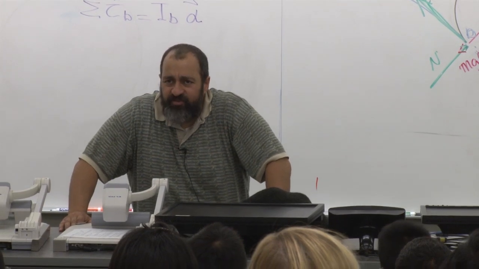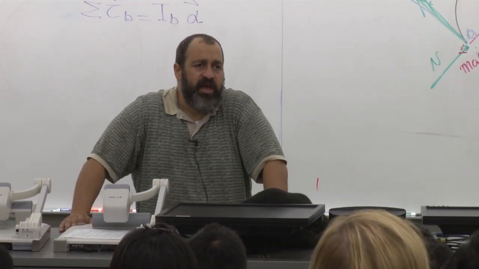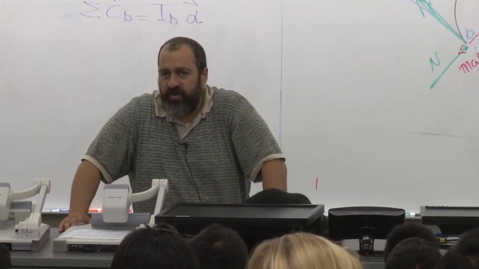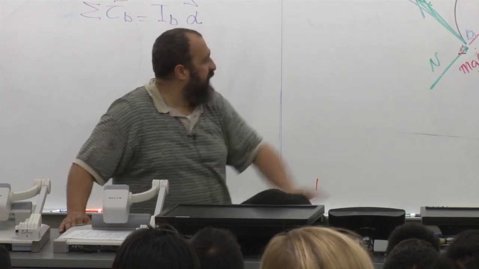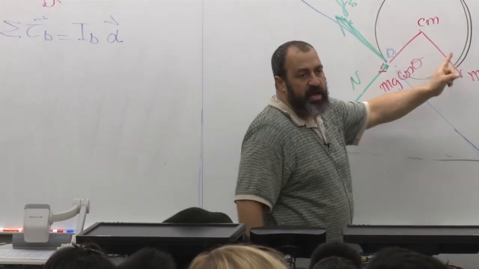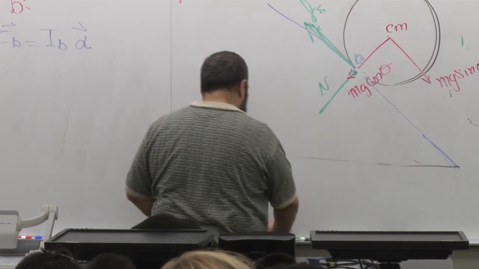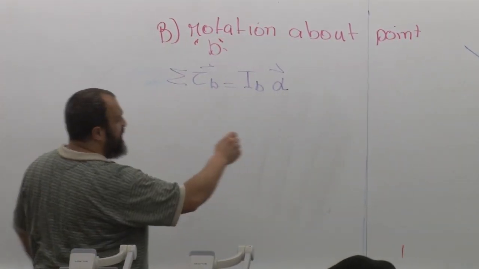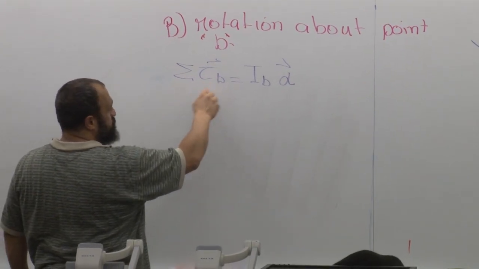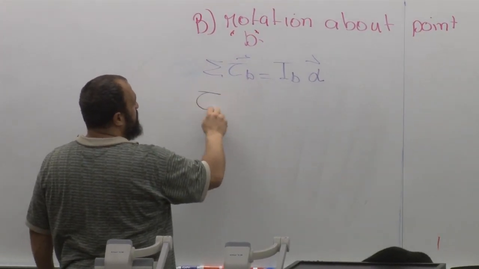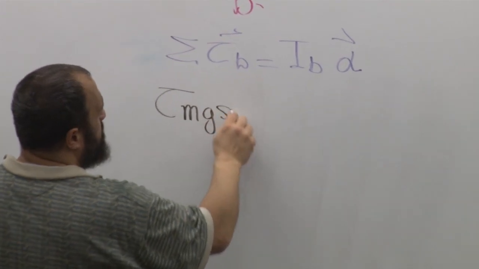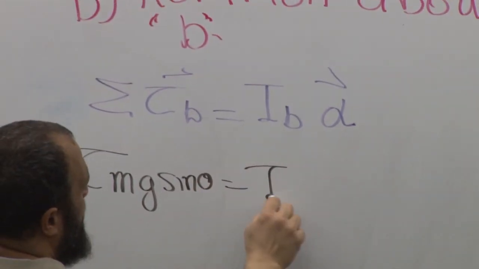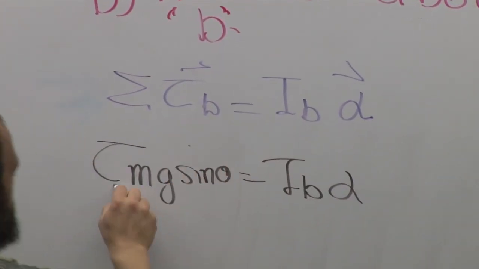The only force that acts at a perpendicular distance from point B is what? Not this, not that, not that one. Mg sine theta. So let's do that and see what it will give us. So the sum of the torques about B: the torque of mg sine theta equals I about B alpha.